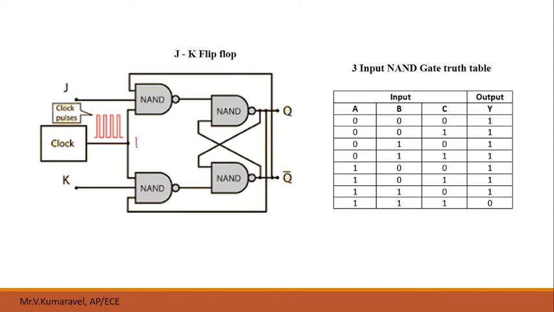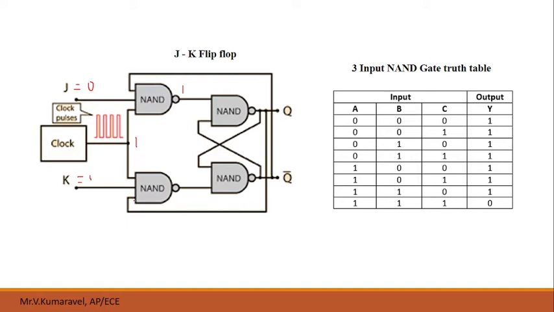When clock pulse equal to 1, J equal to 0 and K equal to 1, so now what happens? Irrespective of your third input, your NAND gate 1 output will be 1 because one of your inputs is 0. But in case of NAND gate 2, two inputs are 1.